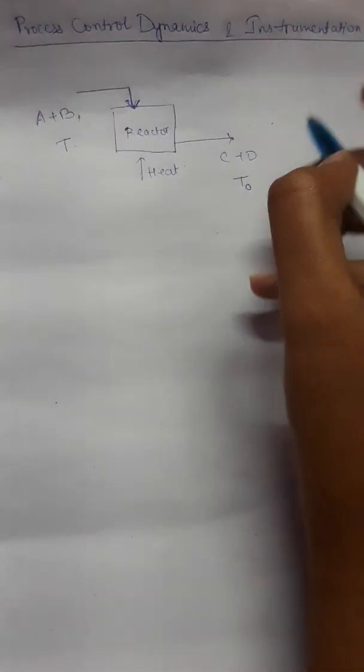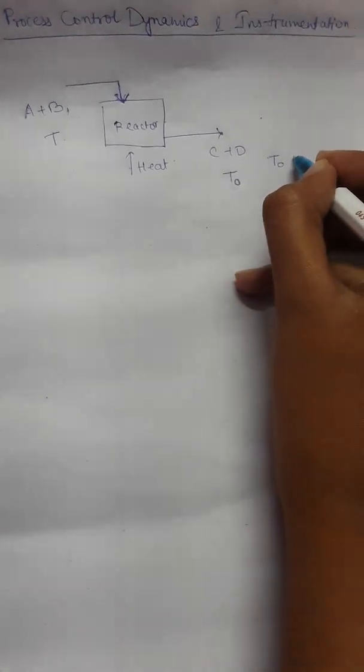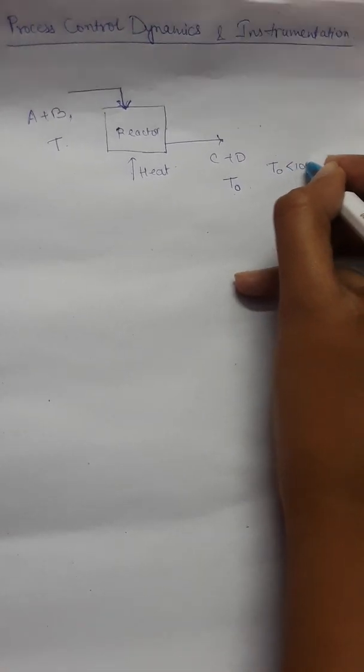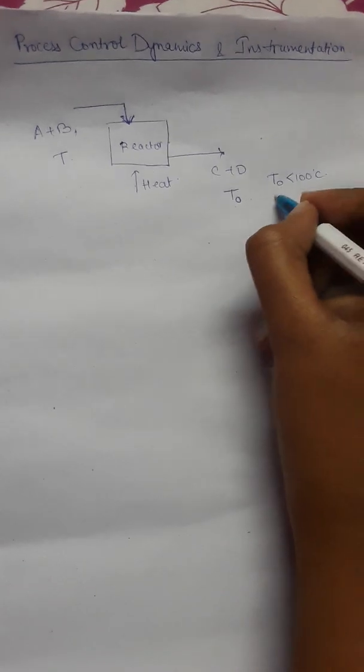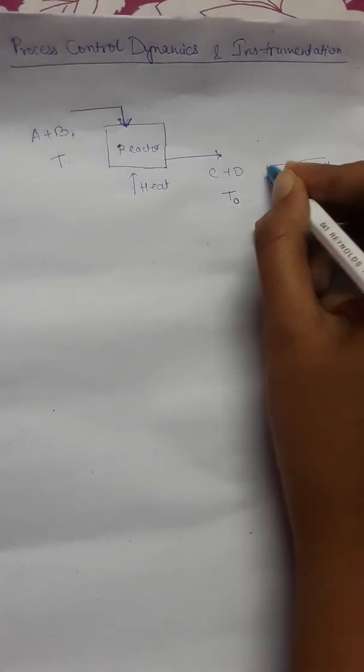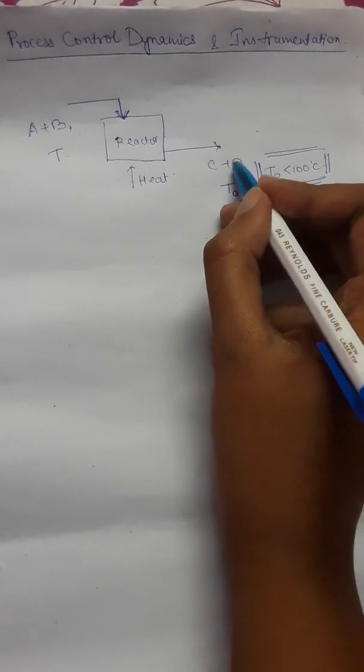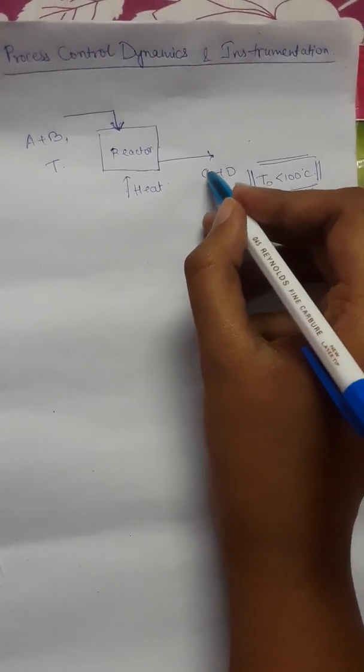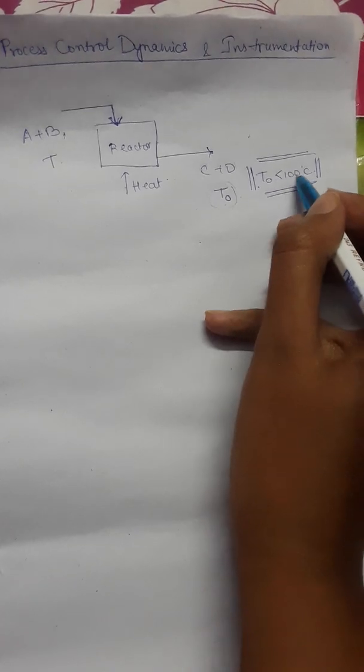Now this TO is probably supposed to be less than 100 degrees. Say this is a condition that needs to be maintained. So we have to make sure that when the products are coming out, this TO doesn't exceed 100.